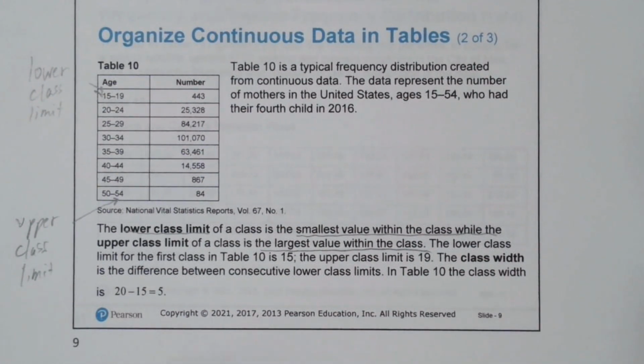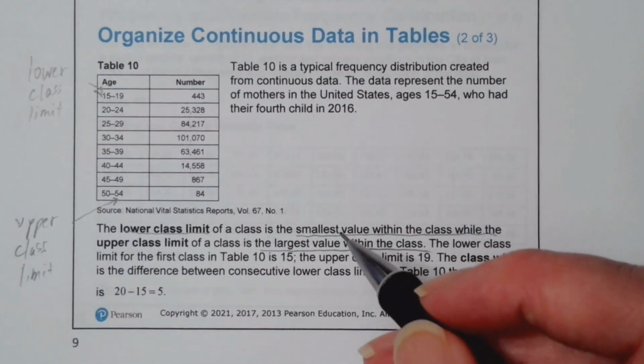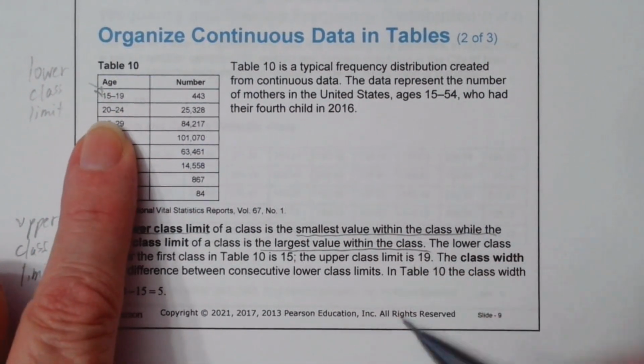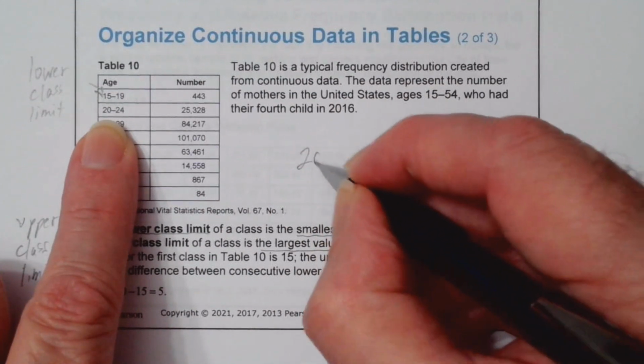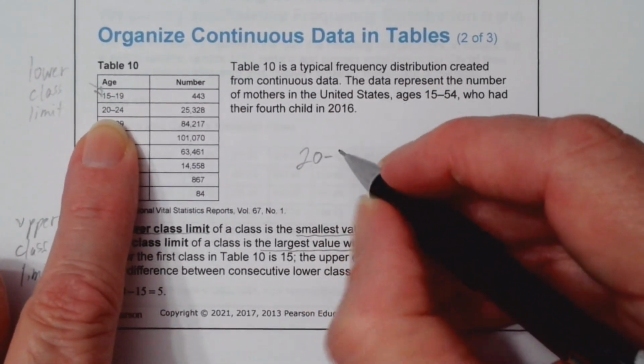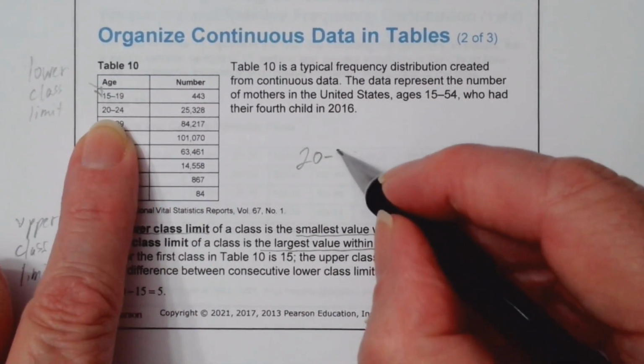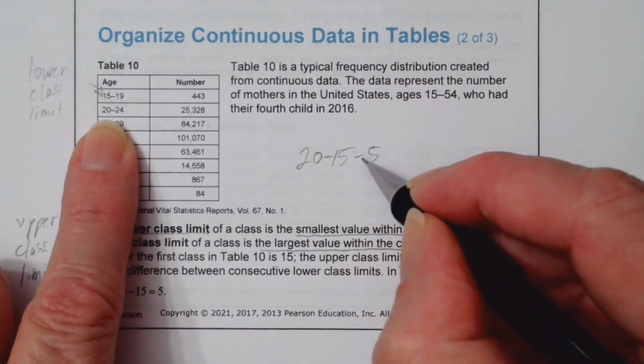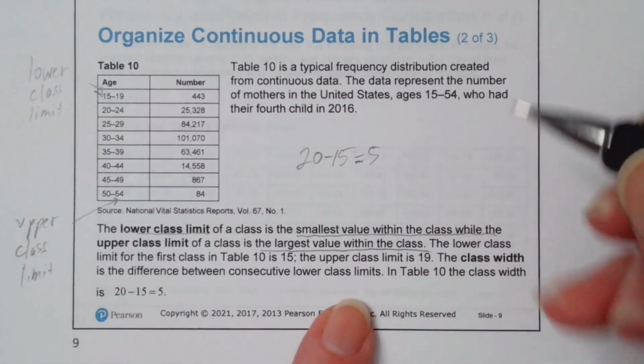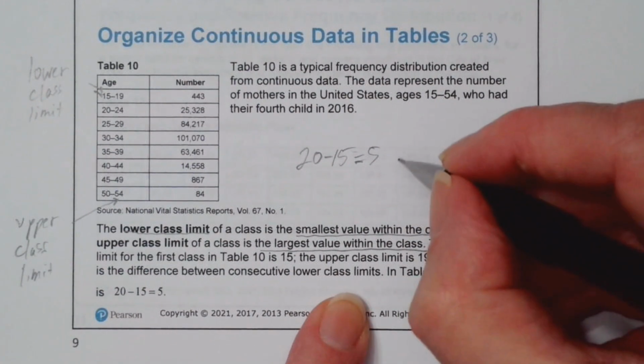The class width is the difference between consecutive lower class limits. So basically, go ahead and look at the 15 and the 20. 20 minus 15 equals 5. And so that is the class width.